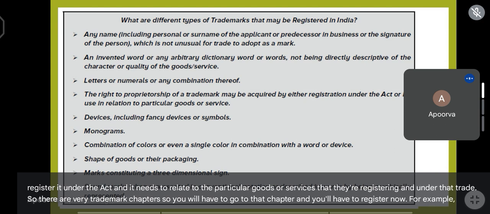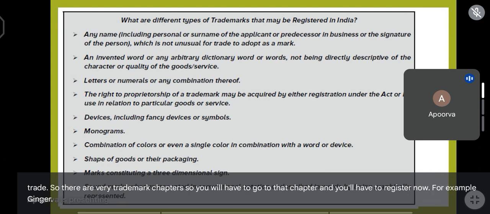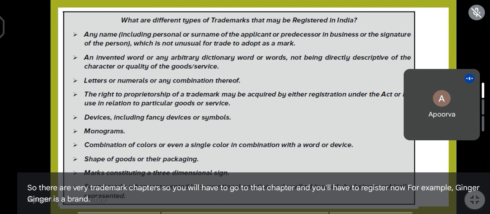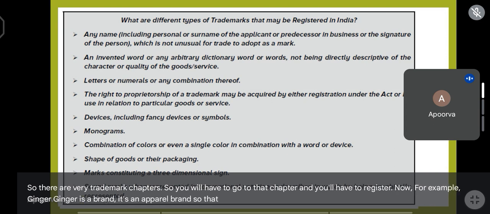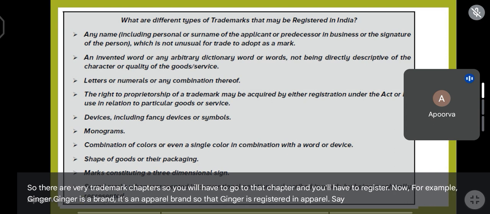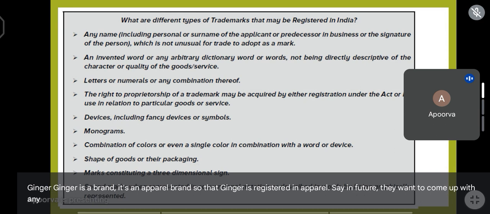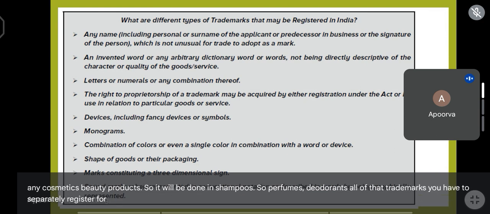For example, Ginger is an apparel brand, so Ginger is registered in apparel. Say in future they want to come up with cosmetics or beauty products, shampoos, soaps, perfumes, deodorants, all of that. You'll have to separately register for everything. So there are various chapters, and under most of them you have to go and register it yourself.